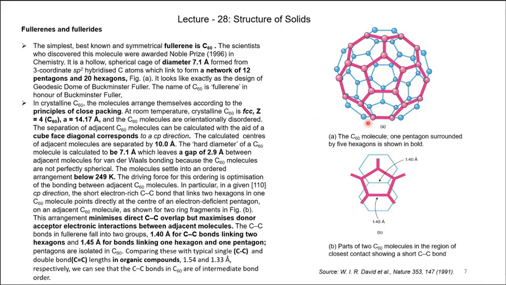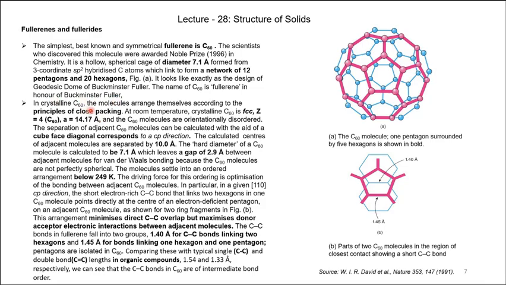This figure A is the C60 molecule, and it was named for the geodesic dome of Buckminster Fuller, and therefore the compound is called fullerene C60. The name C60 fullerene is in honor of Buckminster Fuller.